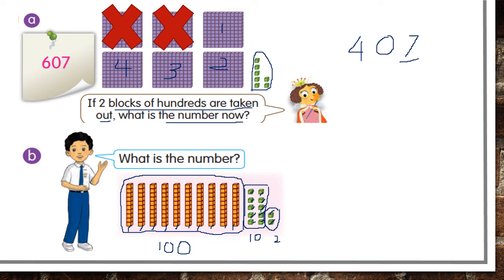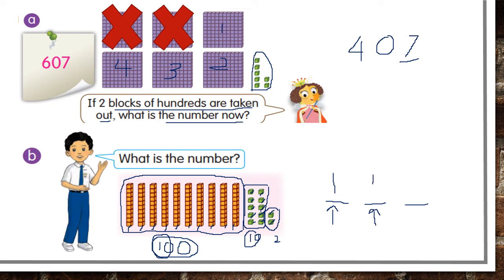So what is the number? Can you tell me? The number must have 3 digits. 1, 2, 3, because we have hundreds here. This is the 100 place. So we have to write 1. This is the tens place. So we have to write 1.